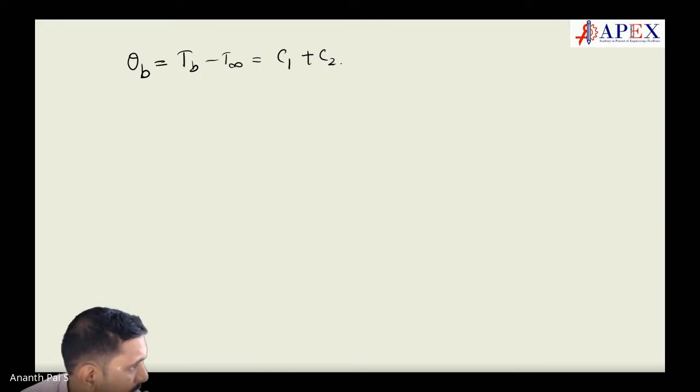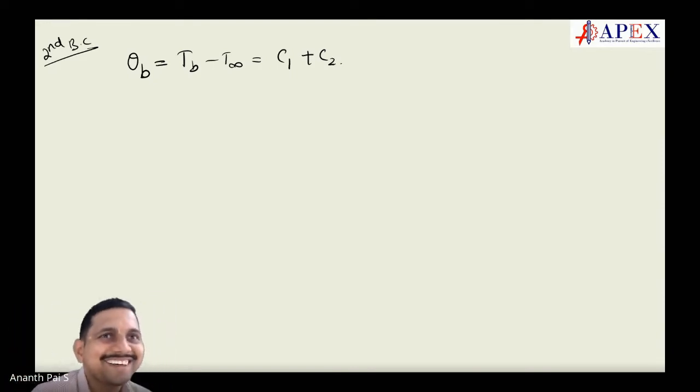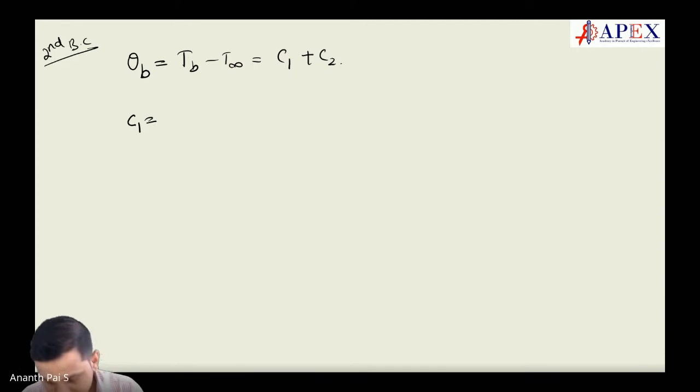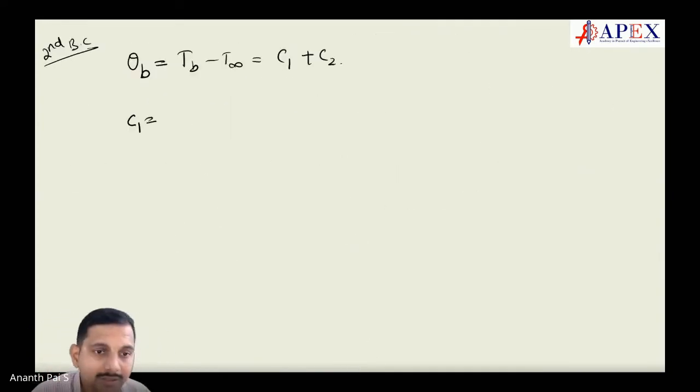So we have two equations. This is the second boundary equation. Theta B is equal to TB minus T infinity, which is equal to C1 plus C2. So we have two equations: C2 is equal to C1 into e power 2 ml, and we have C1 is equal to C2 into this.